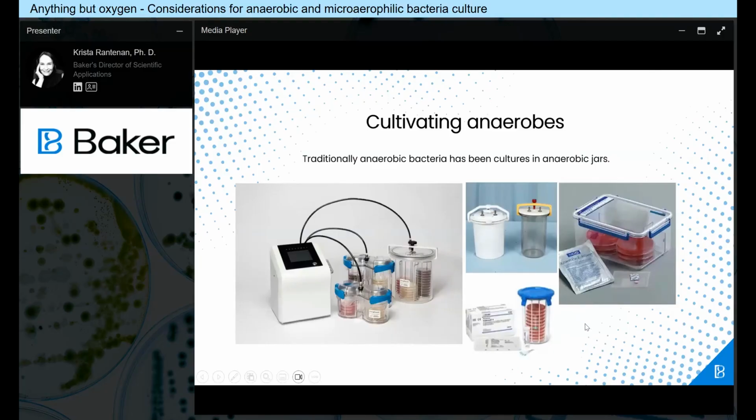Another downside is that once your samples are inside these containers, you cannot see what's happening in an individual sample plate. And of course, any sample handling steps must take place on an open bench.